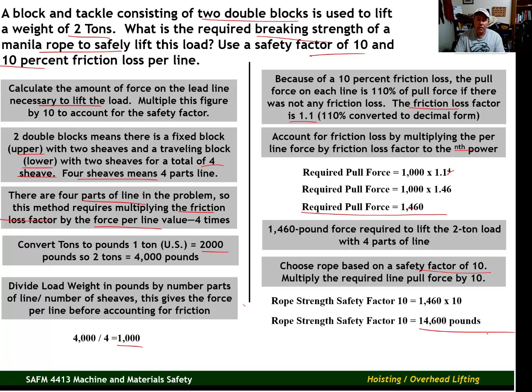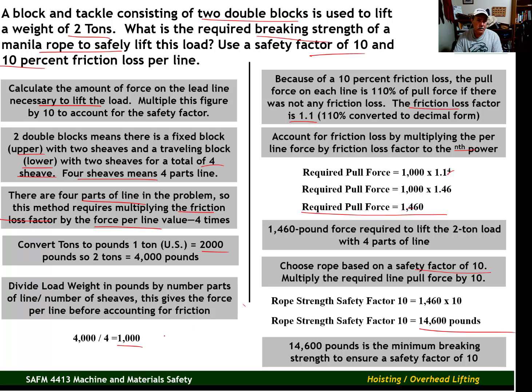When we do that, we've answered the problem. We need a manila rope with a breaking strength of 14,600 pounds in this situation. Again, that's the safety factor of 10 being considered. 14,600 pounds is the minimum breaking strength to ensure a safety factor of 10.